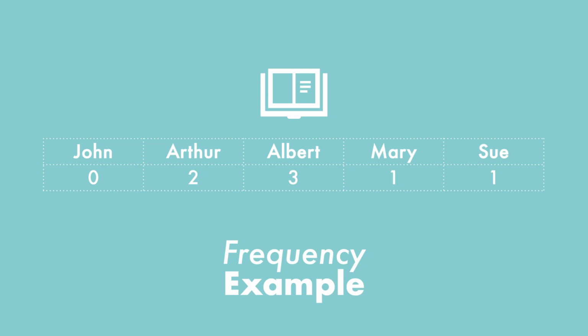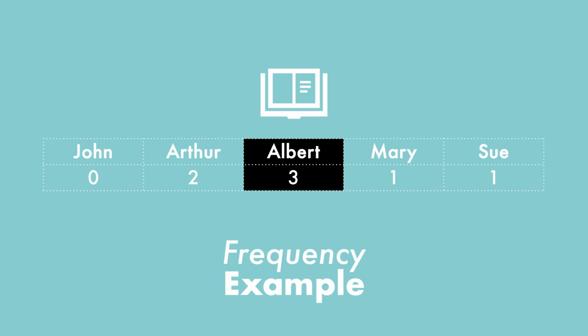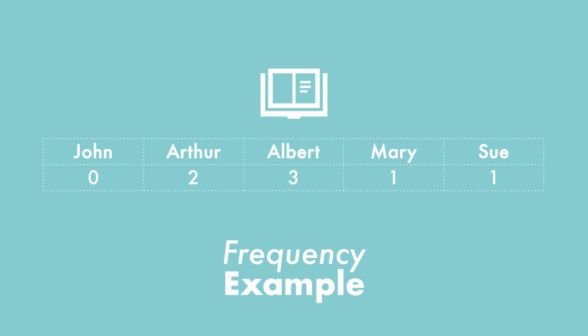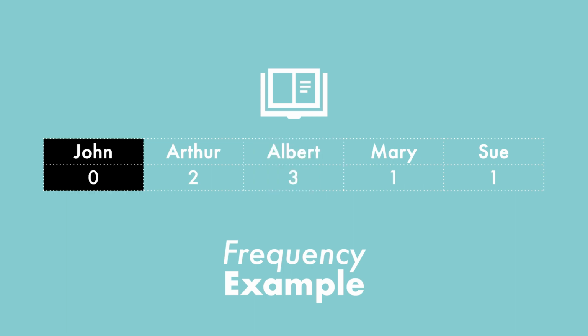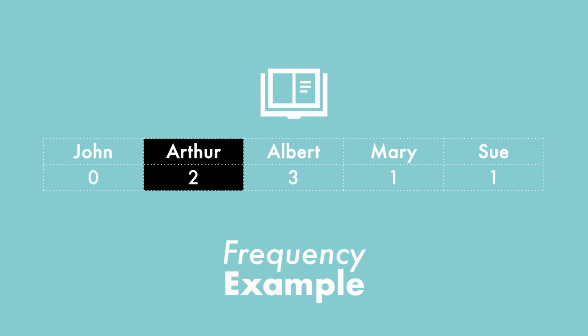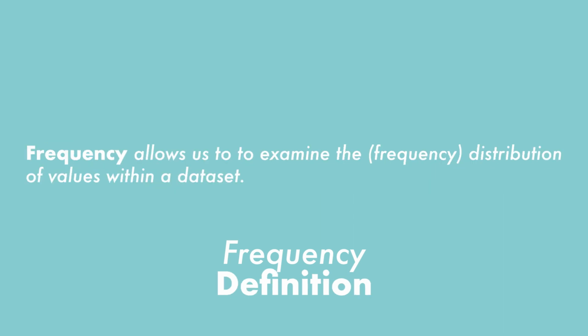Albert read the book 3 times, the frequency is 3. We can examine other frequencies, such as the frequency for John. John never read the book, so its frequency is 0. Arthur read it twice. The frequency in this case is 2. In summary, frequency allows us to examine the distribution of values within a dataset.